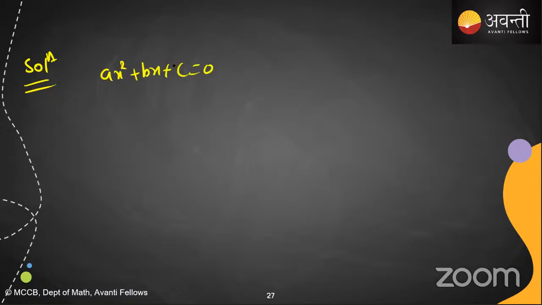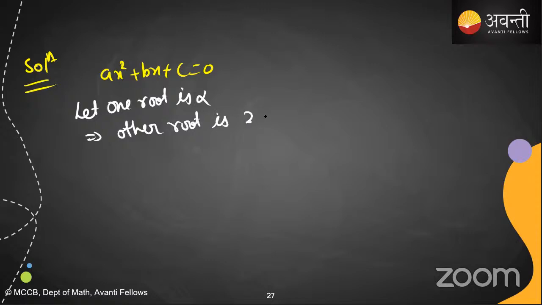So let one root be alpha. It implies the other root is 2 alpha, right? Alpha, 2 alpha.